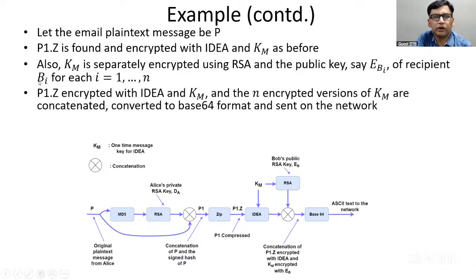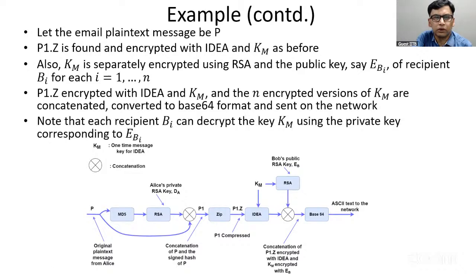Then P1.z encrypted with IDEA and KM, and the n encrypted versions of KM are concatenated, converted to base 64 format, and sent on the network. So the only thing that changes in this block diagram is that KM is separately encrypted using the public keys of B1 to Bn, and these n different encryptions are concatenated to the encrypted plaintext message.